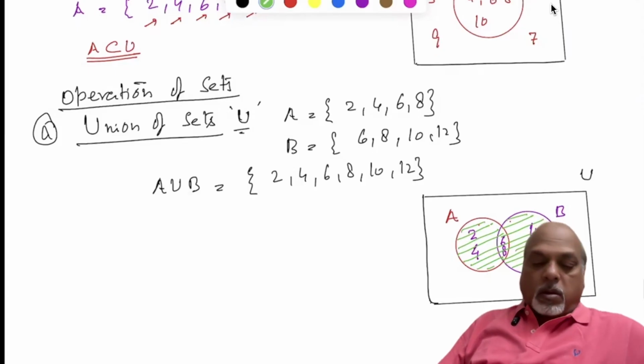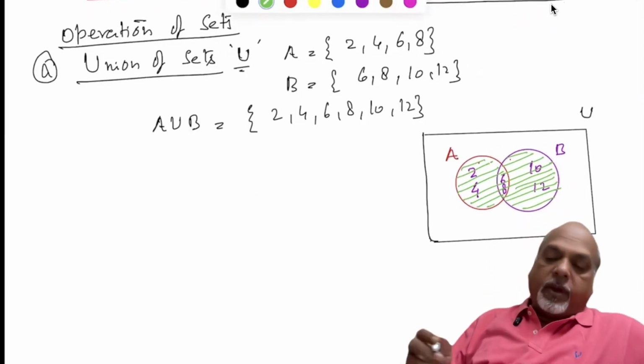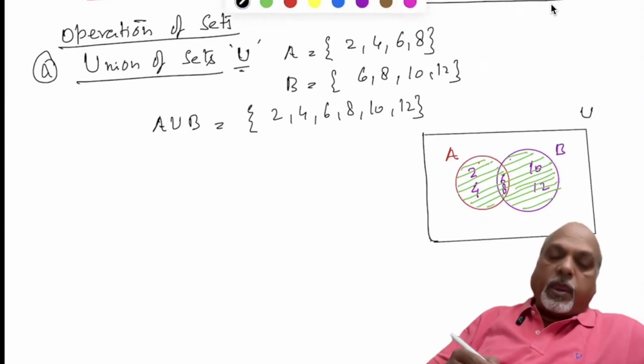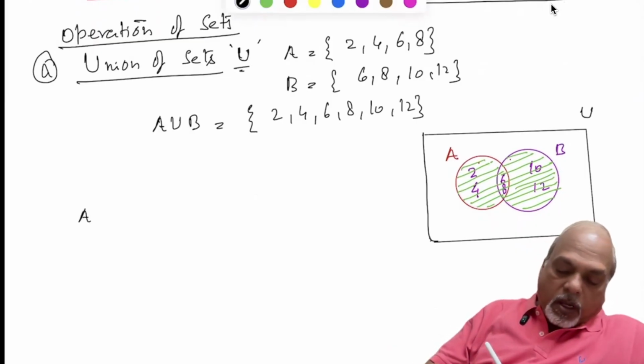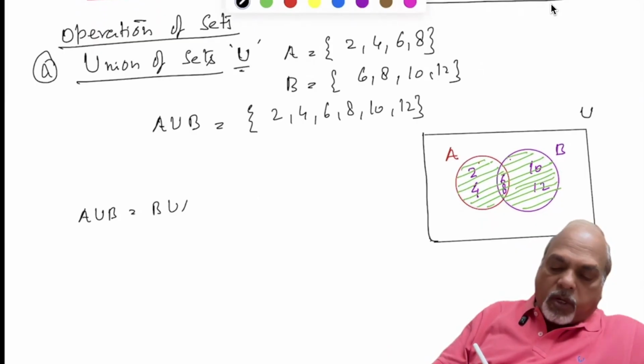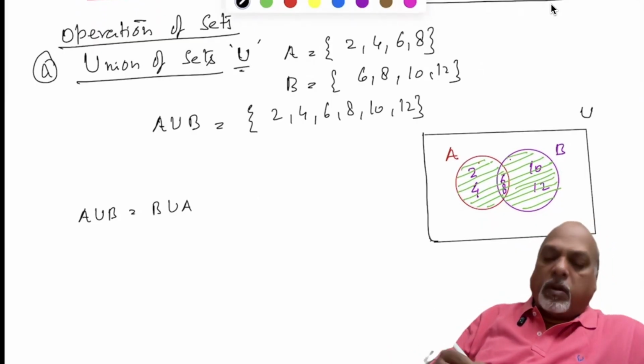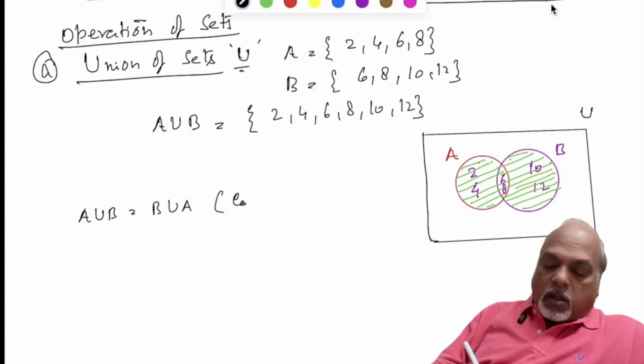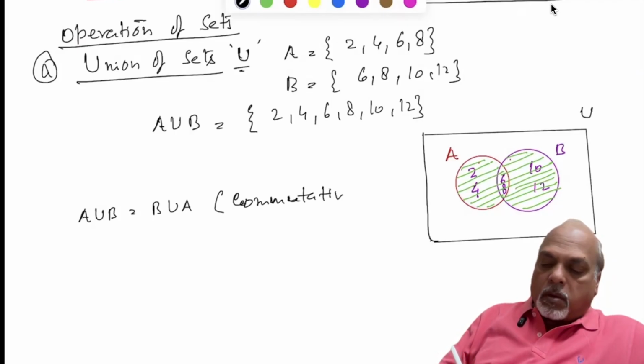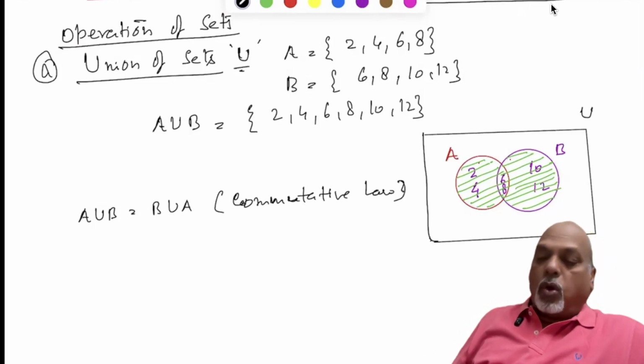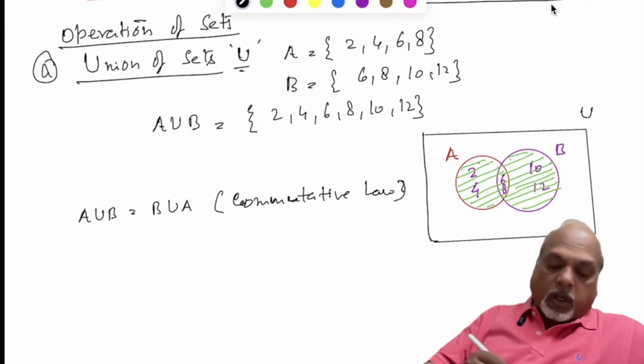Correct. Now we have some properties of A union B. A union B is equal to B union A. There is no problem. It is called the commutative law. Correct.